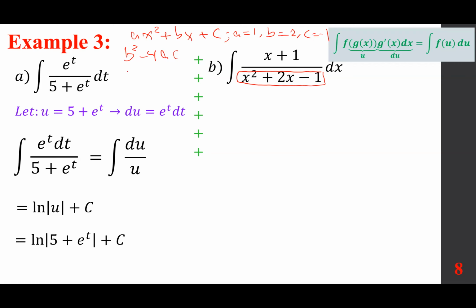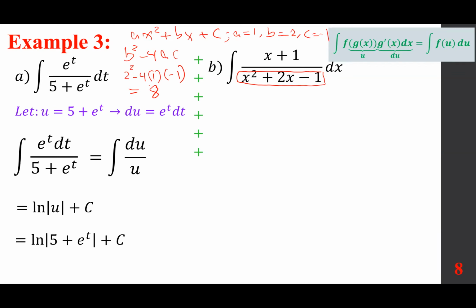And when you evaluate that, you get 2 squared minus 4 times 1 times -1. 4 plus 4 is 8. And it can't be factored, because 8 is not a perfect square. So what do we do?